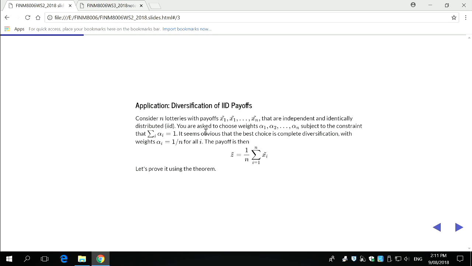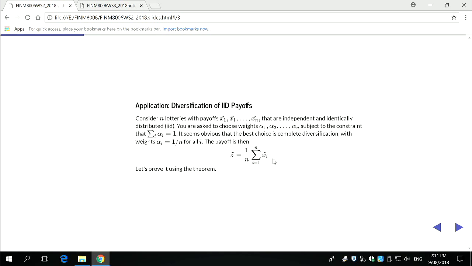One obvious guess is to just have complete diversification. If you choose alpha i equal to 1 over n, equally distributed across all the n, then the payoff will be 1 over n times the sum of all the xi tildes. Let's call this z tilde.